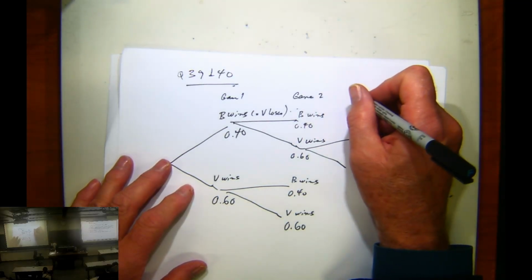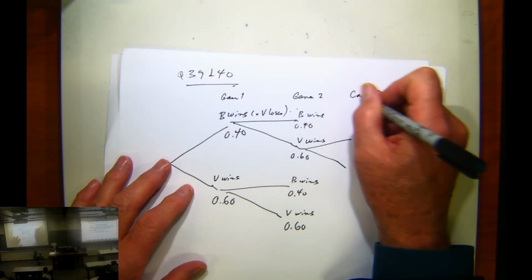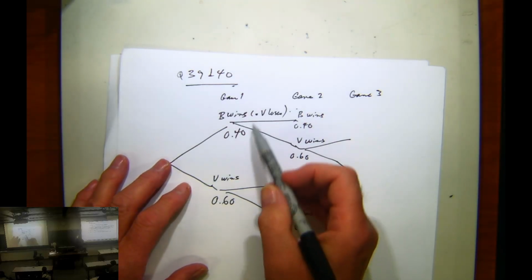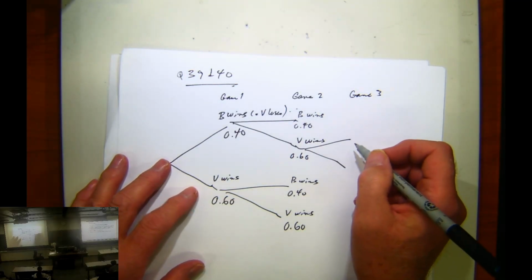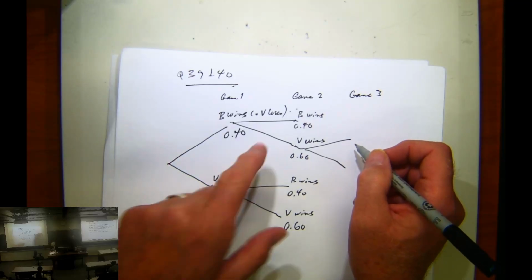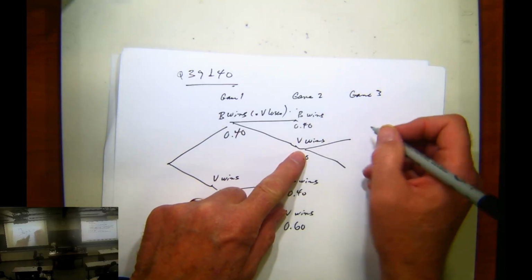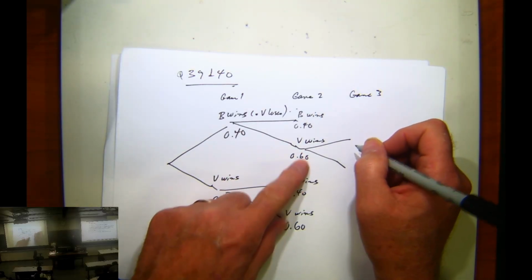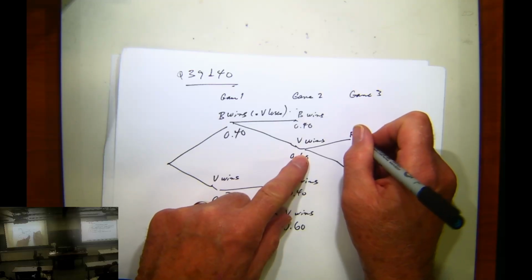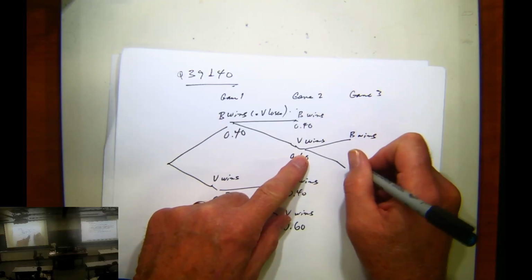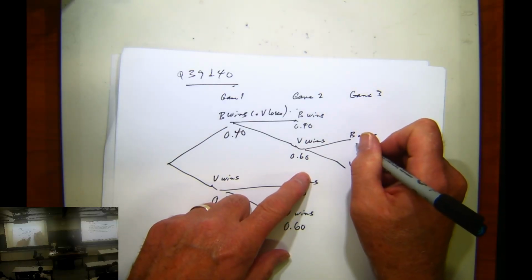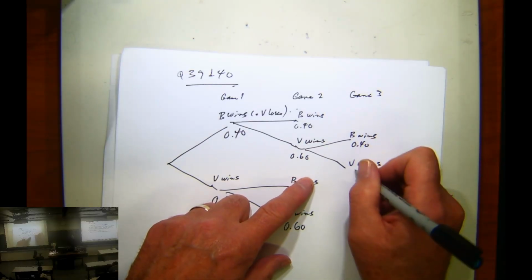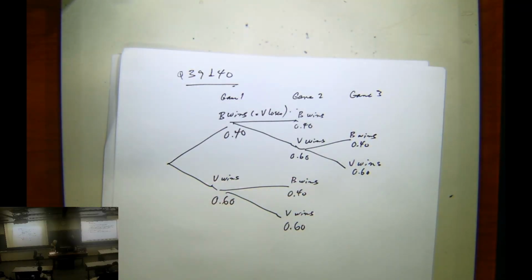Okay? So then we go to a game 3. And so if Betty wins and then Veronica wins, we have to go to a game 3, and either Betty wins or Veronica wins. Okay, again, with those probabilities of 0.40, 0.60.